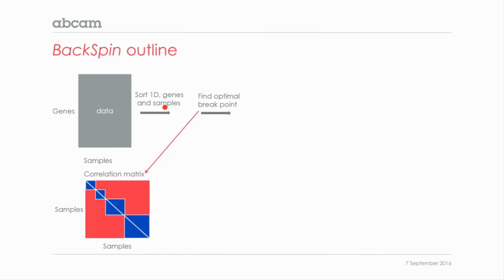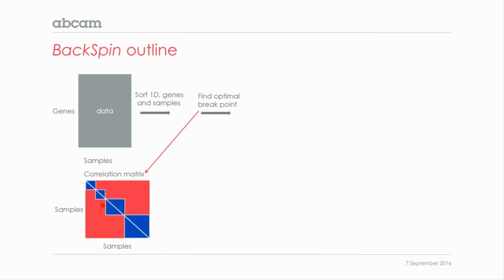And this is very important because it reduces the problem of how to split the data into two chunks to a much simpler problem, because now the number of possibilities is reduced to the number of cells. Everything here is done on the correlation matrix in our case.